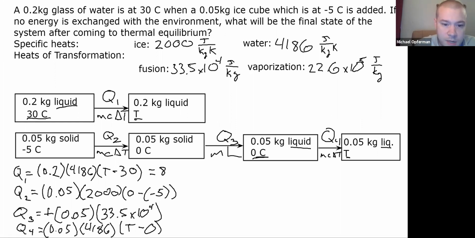So Q1 is going to be 837.2 T minus 25116. Q2, 0.05 times 2000 times 5 is 500.